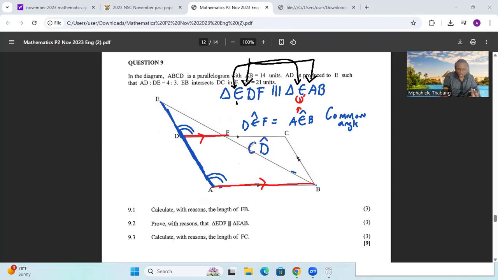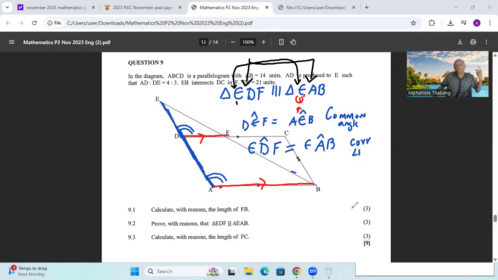So you can say E and you say F. In triangle EDF, D is equal to A, in which triangle? In EAB. Why are these angles equal? Corresponding angles are equal. So these are the corresponding angles. That is why they are equal.